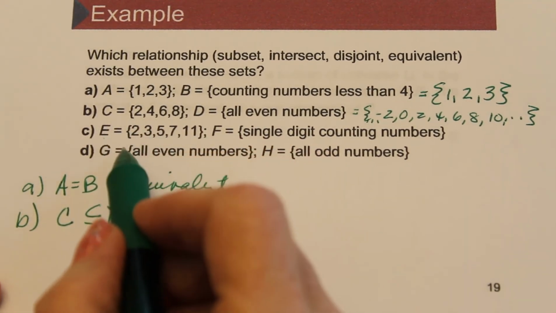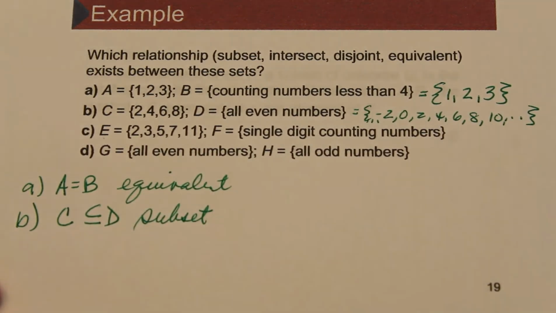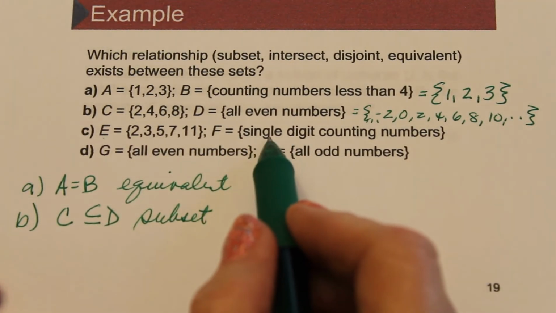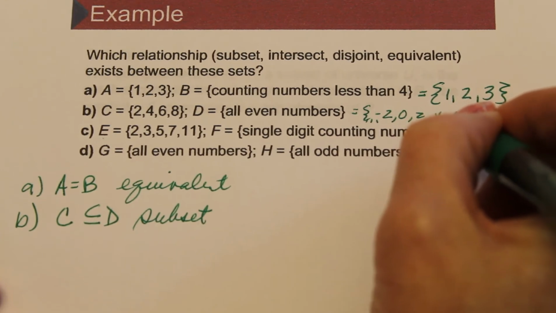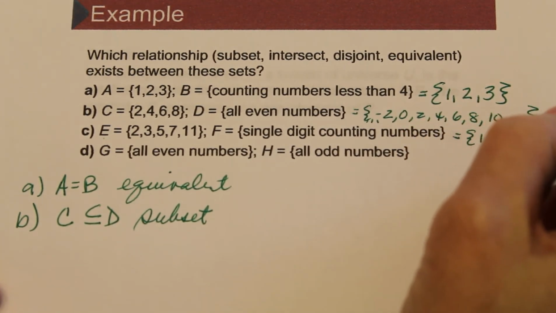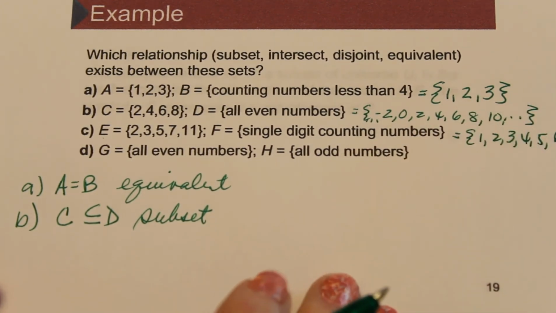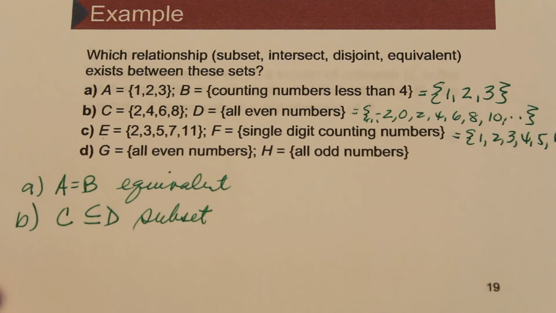All right, let's look at set E here: 2, 3, 5, 7, and 11. And F are the single-digit counting numbers, so that would be 1, 2, 3, 4, 5, 6, 7, 8, and 9. Well, they're not equivalent.